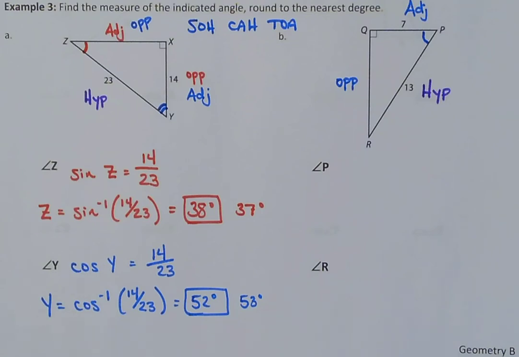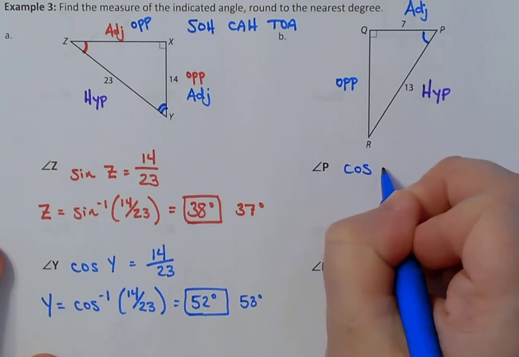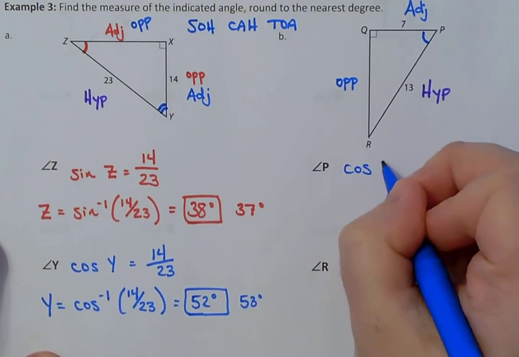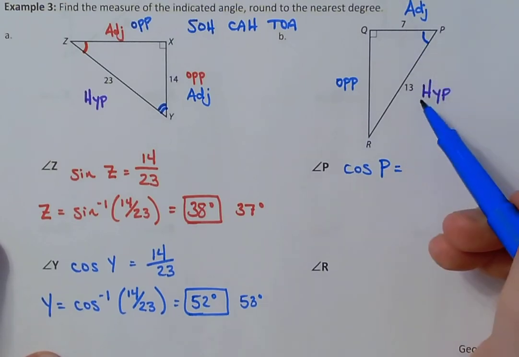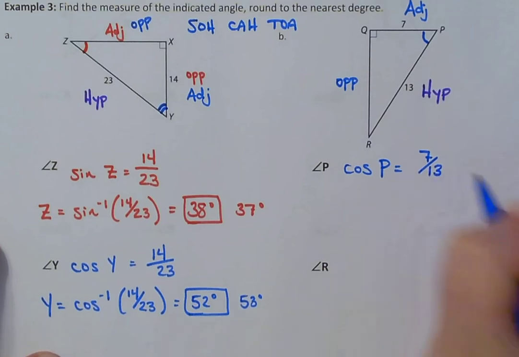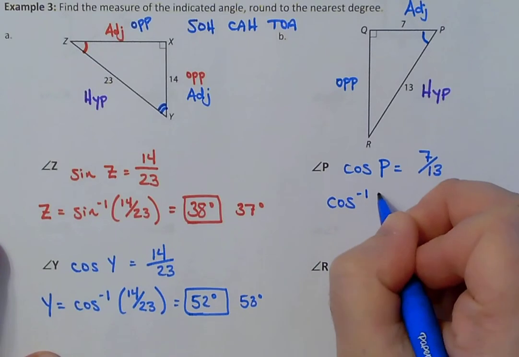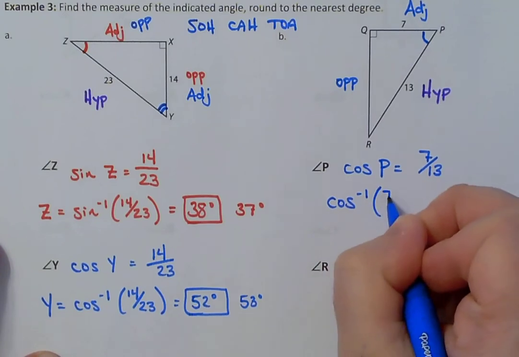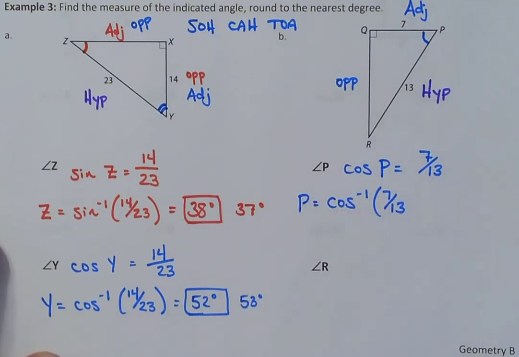So if I know my adjacent and hypotenuse, that's A and H, the trig ratio that uses A and H is going to be cosine. So we're going to do cosine P equals adjacent over hypotenuse, which is 7 over 13. So we'll do cosine inverse of 7 over 13 to tell us what P equals.